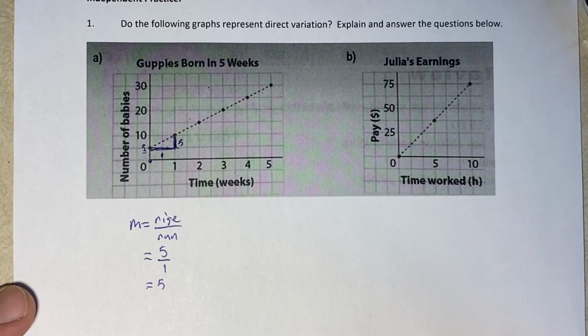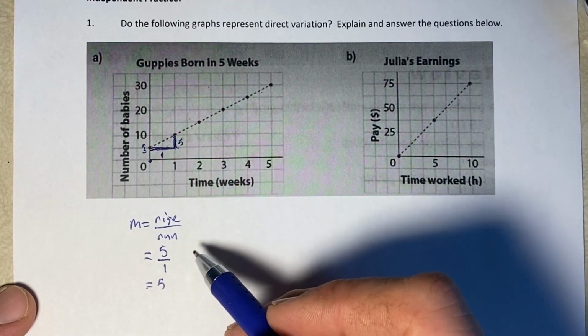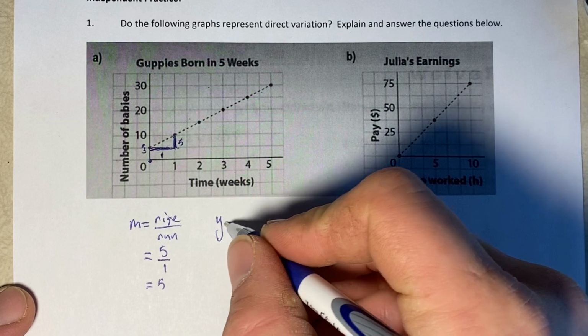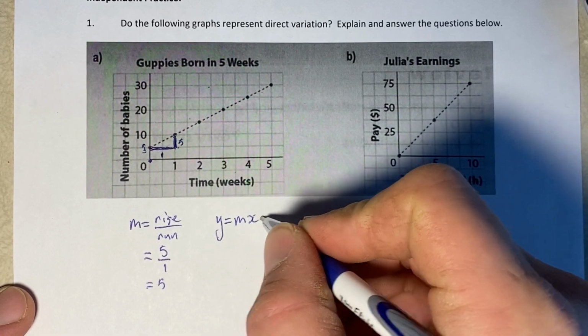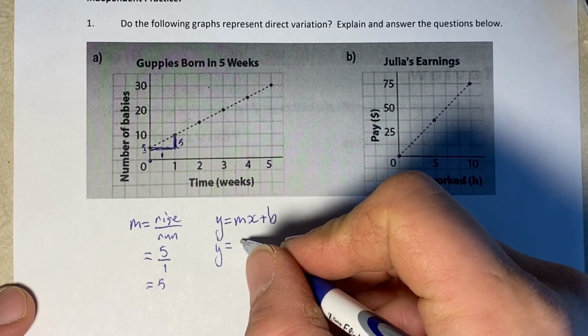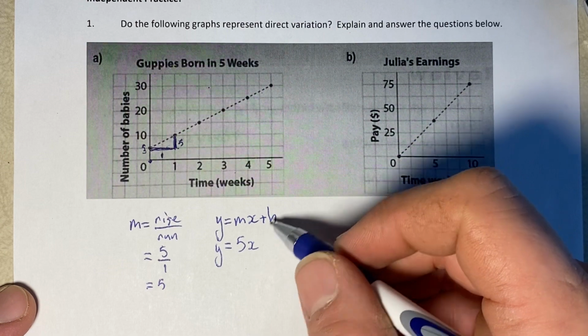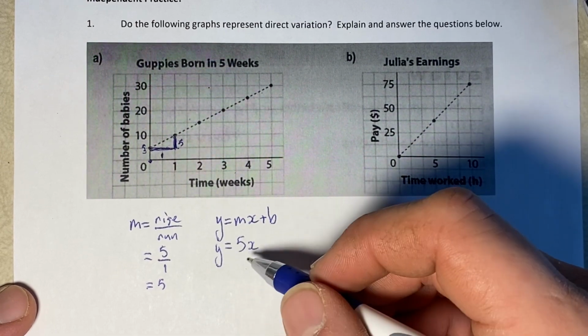Now the other part we had to determine was the equation. The equation required us to have the slope and also the initial value. Remember, the equation for any line is y equals mx plus b. We replace the m with the slope we just found. We also have to replace the b. Now y and x represent our variables.